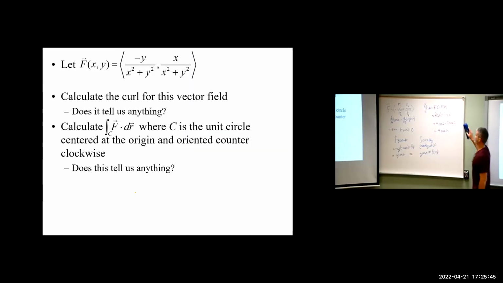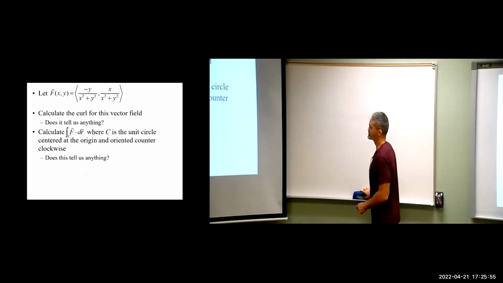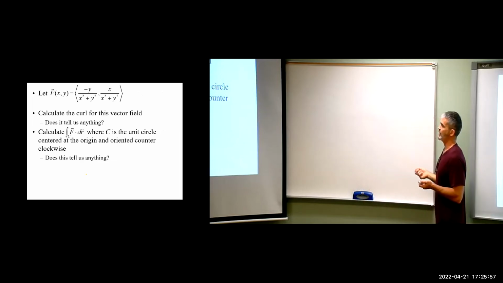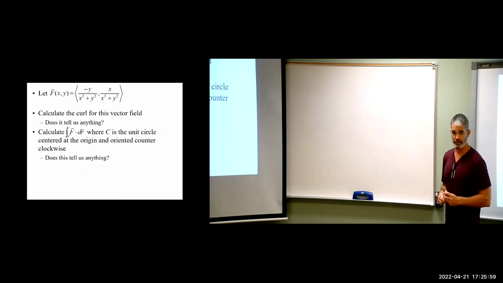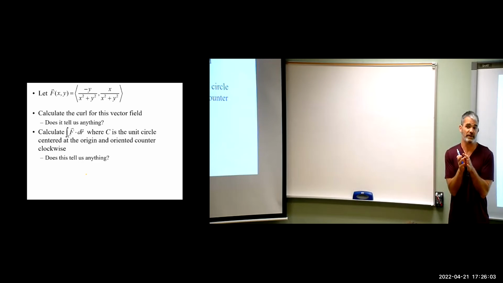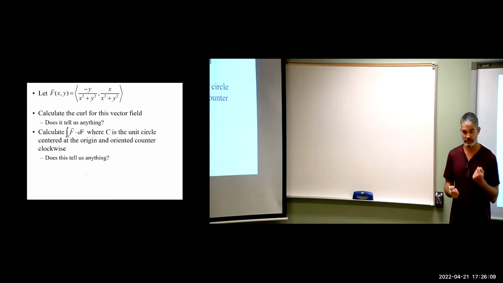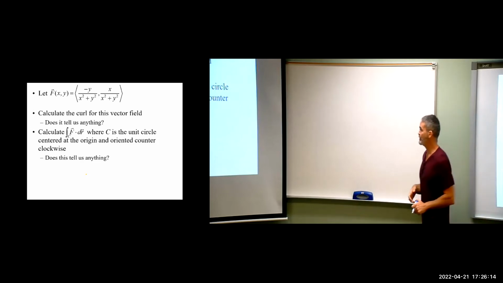So there's our vector field. All right, so first step, you were given a vector field, run the curl test. Because if the curl is 0, we do have a gradient field, and we can work from that.